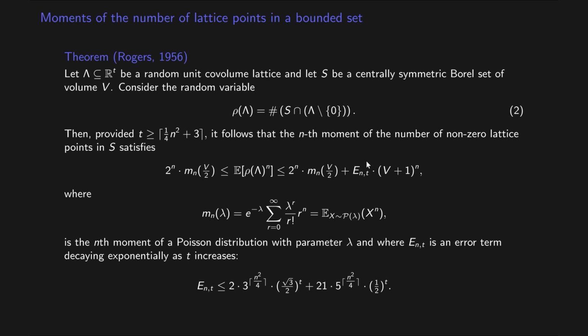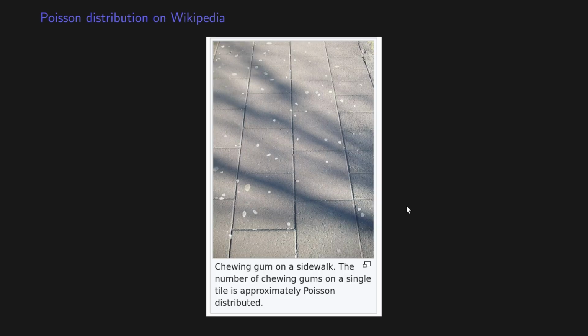And of course, for this to work, the quality of this estimate will also depend on the volume of our set V. So this is how the Poisson point process looks.